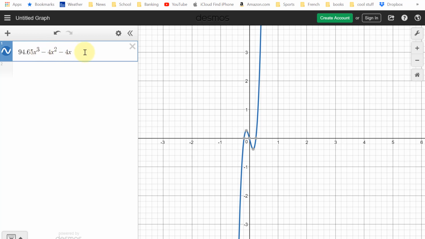Now, in the context of finding yield to maturity, we would expect something between 0 and 1, where 1 would actually represent 100% interest. So in practical terms, probably something very close to 1 is our solution.